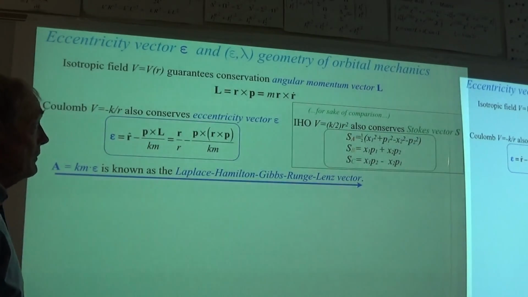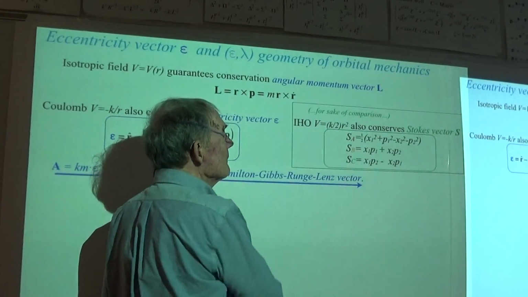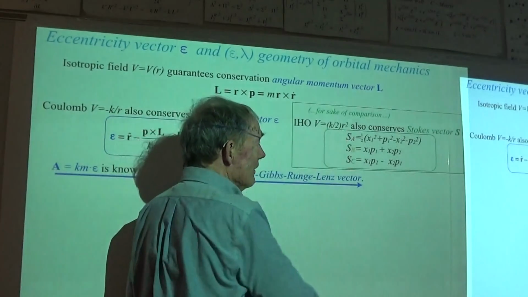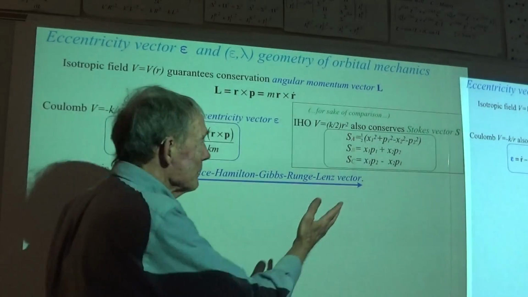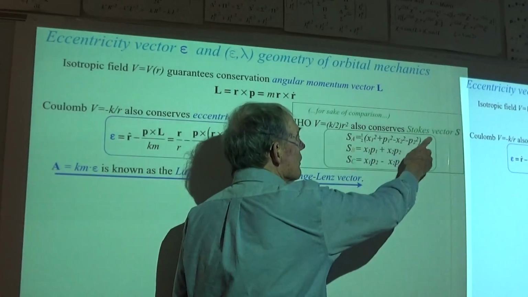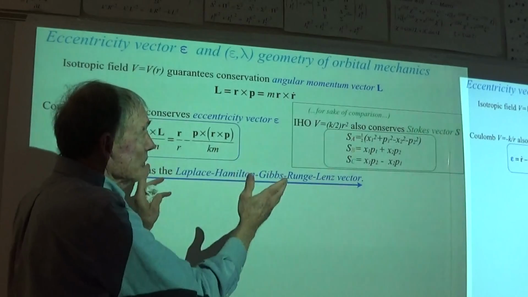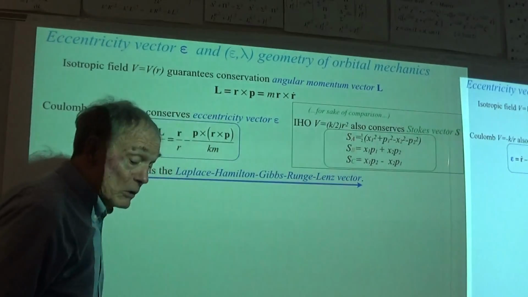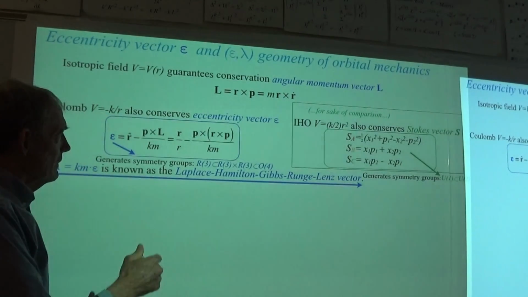So what I'm doing, for the sake of comparison, remember these two potentials, the 1 over r and the r squared. Those have this higher symmetry that allows us to play games with vectors that describe conserved vectors. Besides angular momentum, these are all isotropic potentials, but these are isotropic in some kind of higher dimension. What higher dimension? Well, some of this will be discussed in the group theory class that I hope to give in the spring.